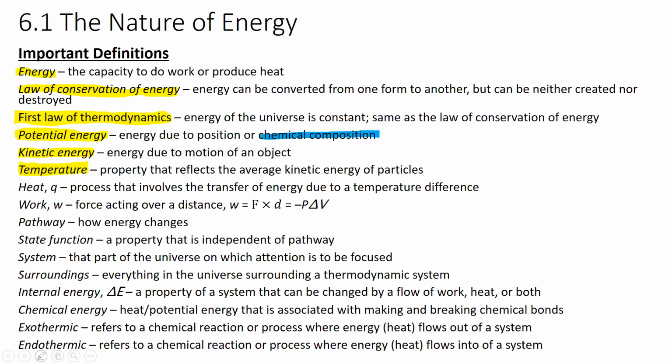In this section, one of the things that we're going to be looking at specifically is heat. Okay, so heat is something that's really important for us to measure how much energy can be given off in a given chemical reaction or a process. And heat is just a transfer of energy due to the temperature difference.